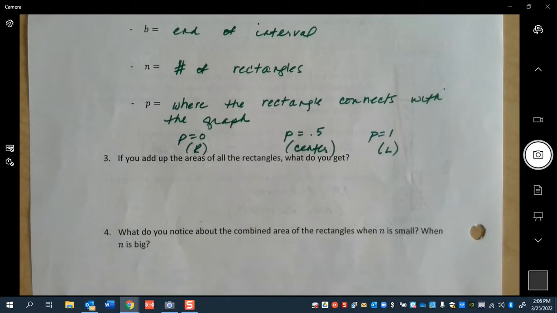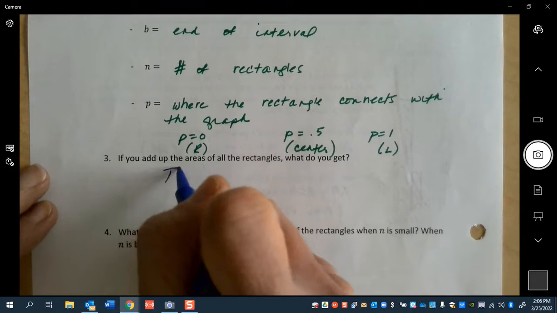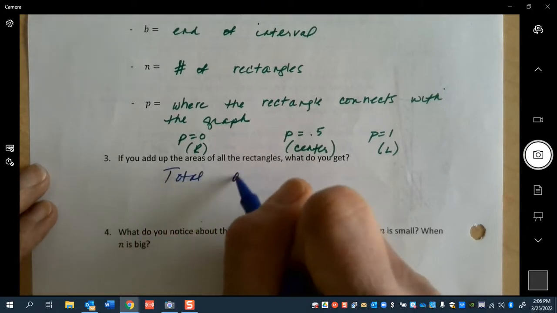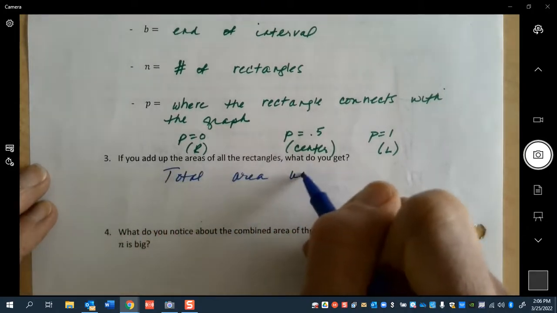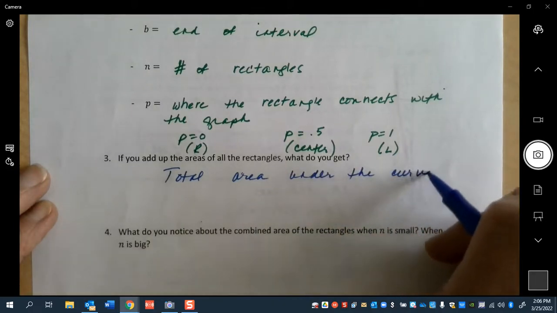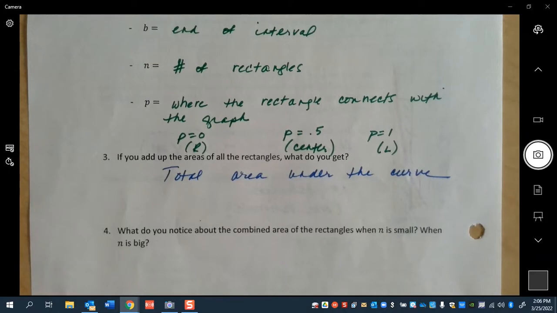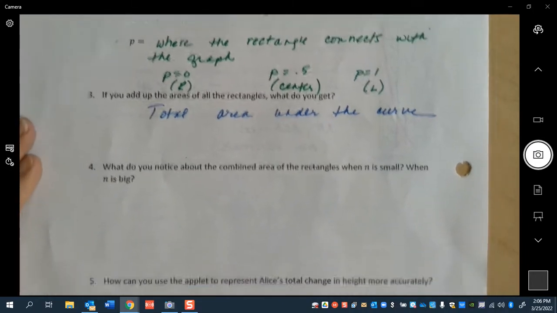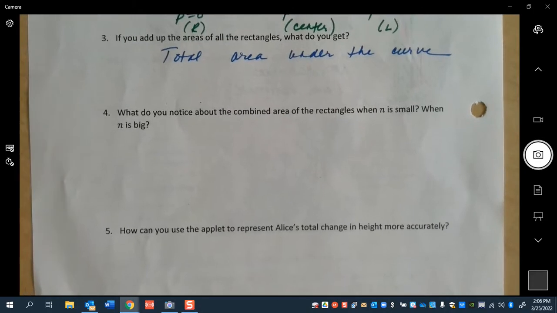Our big idea here is if you add up the areas of the rectangles, what you're going to get is the total area under the curve. So take a look at number 4.